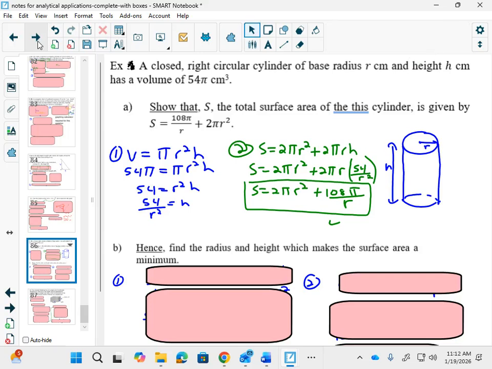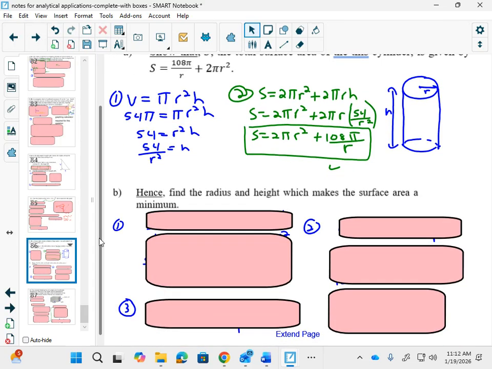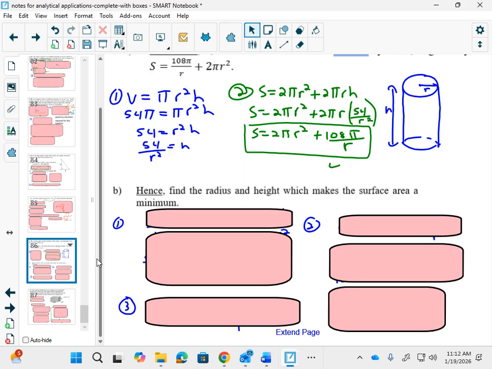So if we want to find the minimum in part B, we just need to take our derivative, set it equal to 0, and solve for r. That's our equation. See how I moved the r up as r to the minus 1 to make the derivative easier?